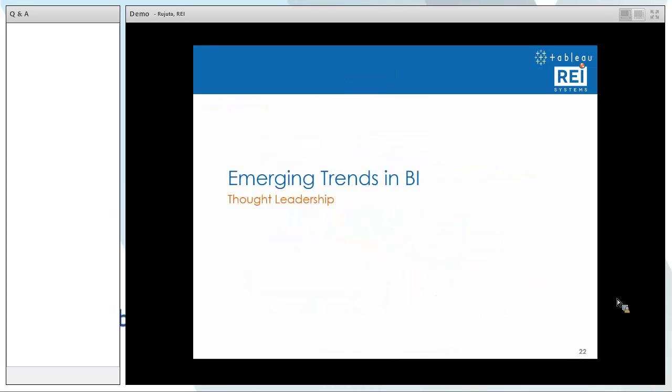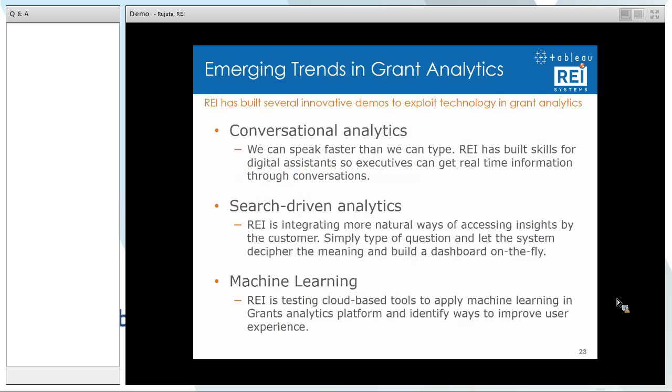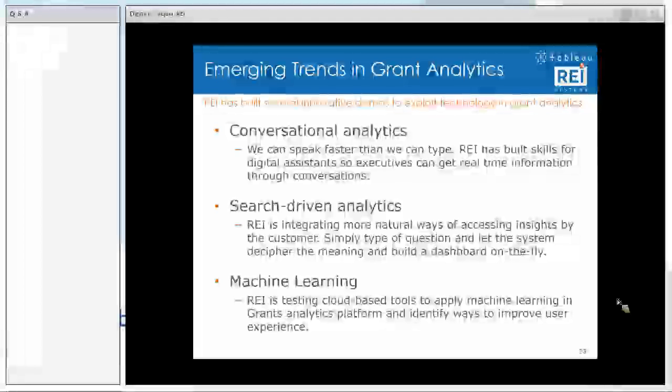Now that we have discussed our strategy and implementation in detail, let's spend a few minutes talking about what's next for BI and major trends we see that can be leveraged for incorporating into our BI solution roadmap. Emerging BI trends. Consumption and interaction with analytics has been focused on drag and drop style dashboards or visualizations for a long time.